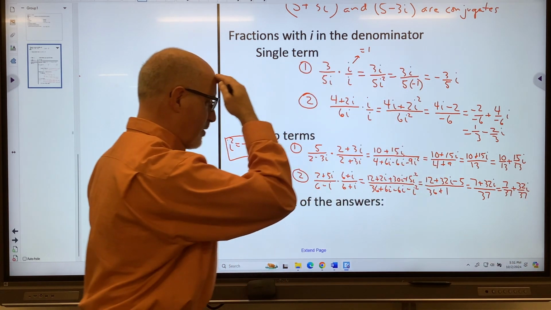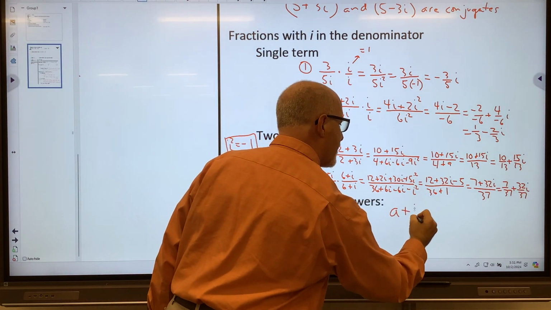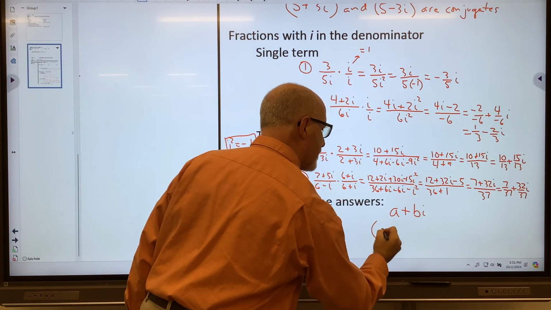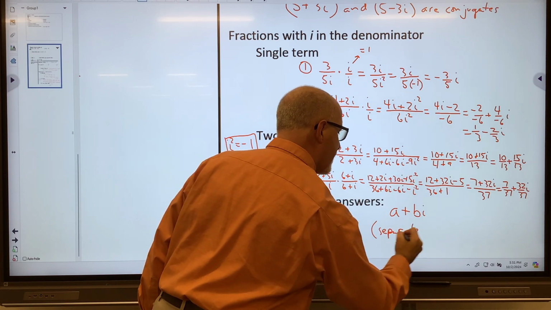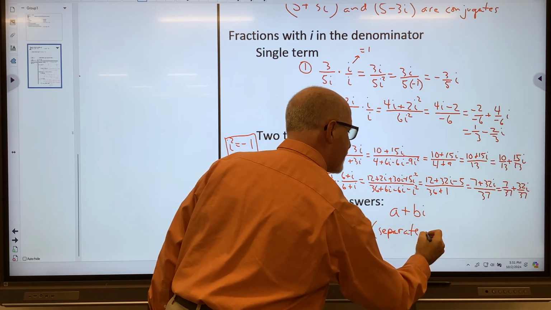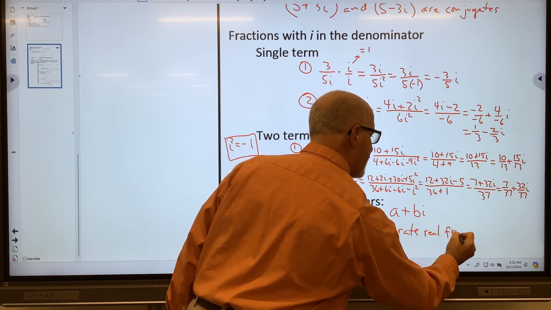Real part and imaginary part. So remember, you want to separate the real part from the imaginary part when you do your final answer. Real from imaginary.